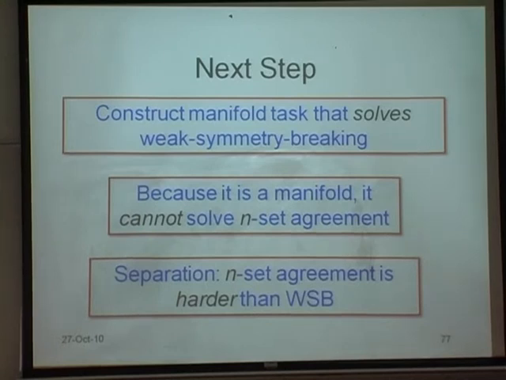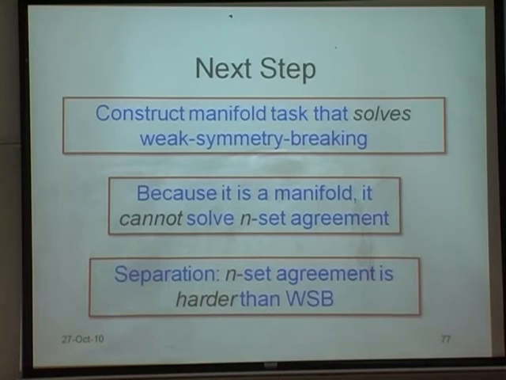And then I'll give you a black box that solves this, and that turns it into a manifold protocol. But you're right, I should be more precise about the distinction. So I'll give you a black box that takes an input and gives you back an output complex that's a manifold. So you end up getting a vertex in that, and everyone else gets a vertex on the same simplex, and then you try to solve your problem based on where you ended up.